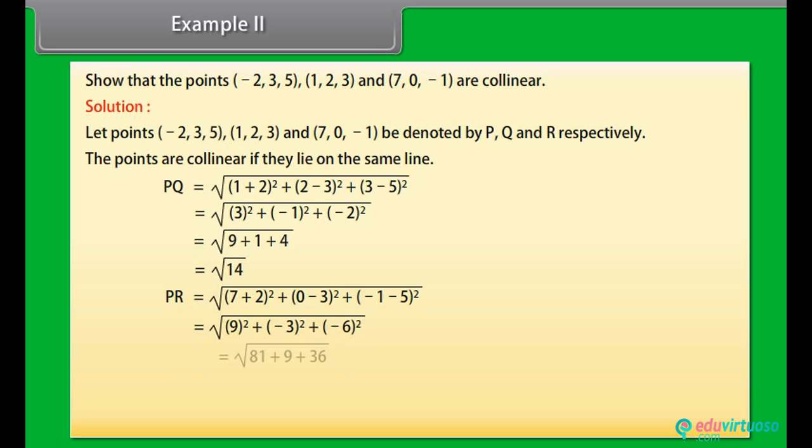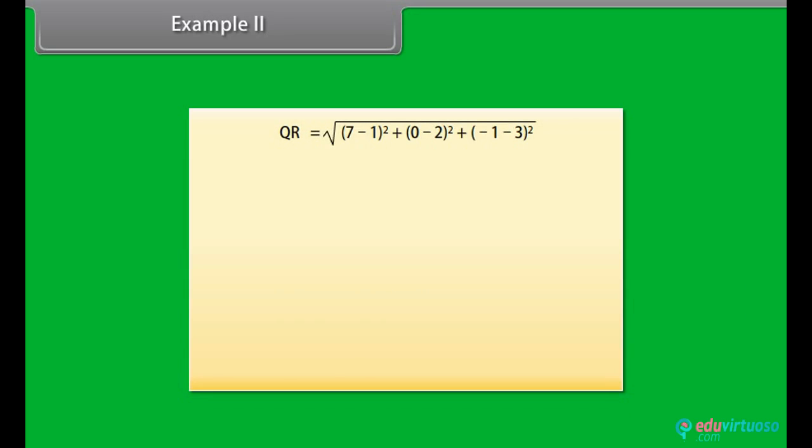After calculating PR, we get 3 into square root of 14. QR is equal to square root of 7 minus 1 square plus 0 minus 2 square plus -1 minus 3 square.